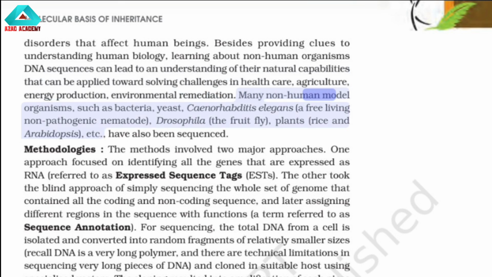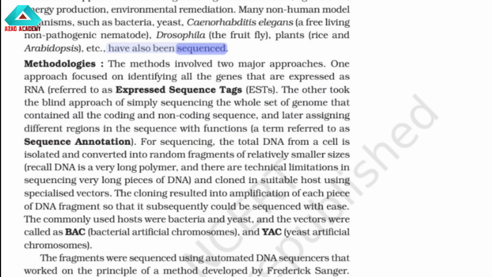Many non-human model organisms such as bacteria, yeast, Caenorhabditis elegans, a free-living non-pathogenic nematode, Drosophila the fruit fly, plants, rice, and Arabidopsis, etc., have also been sequenced.